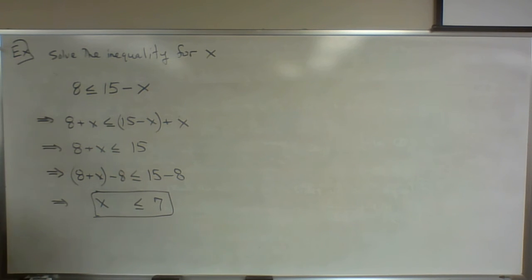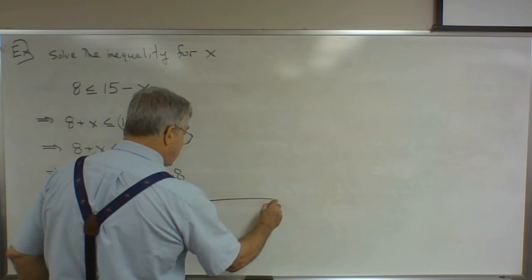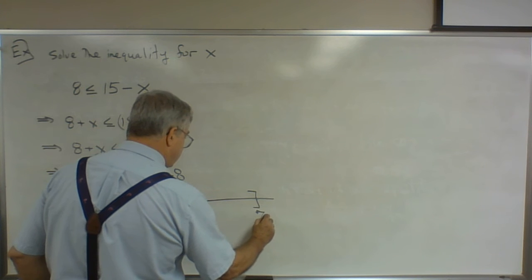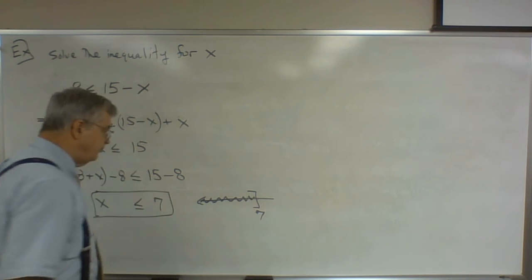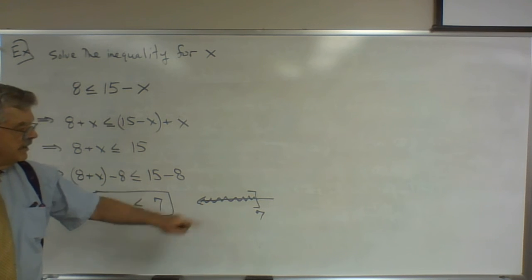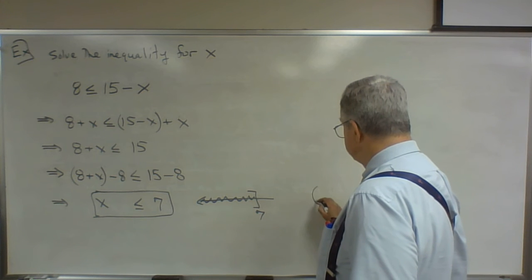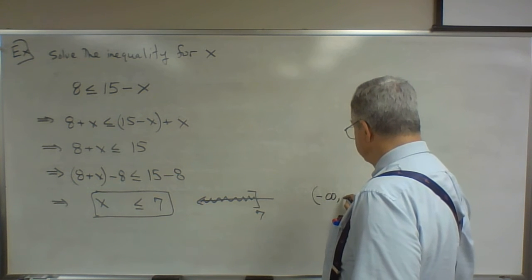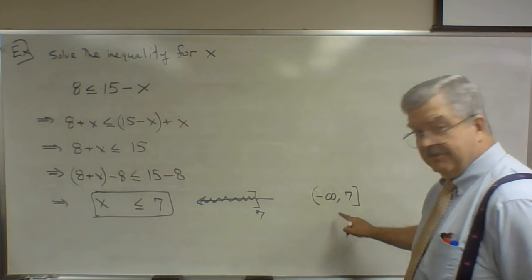I solved the inequality. x is less than or equal to 7. And on the number line, it looks like that. x less than or equal to 7. And in interval notation, there's my solution.